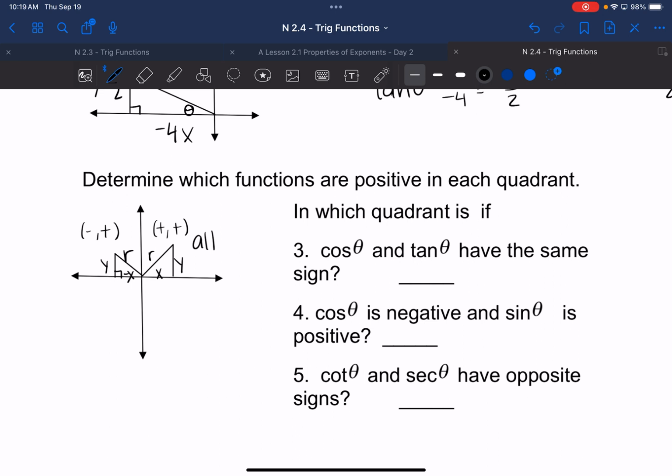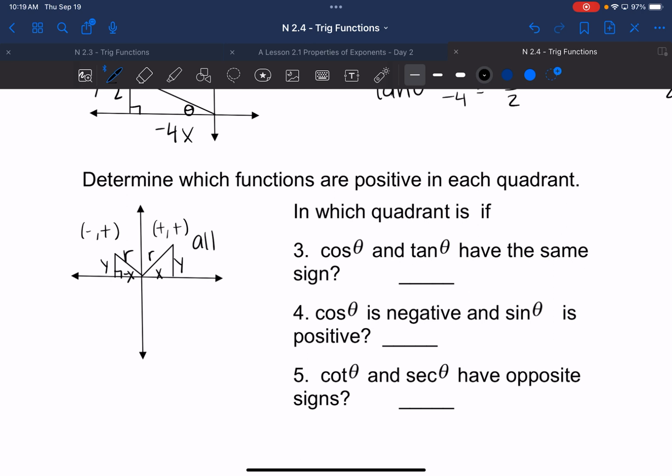Okay, so let's think about it. Which ratios involve x? Sine, cosine, tangent? Cosine and tangent. Okay, so cosine and tangent are going to have a negative x, so they're going to end up being negative, right?